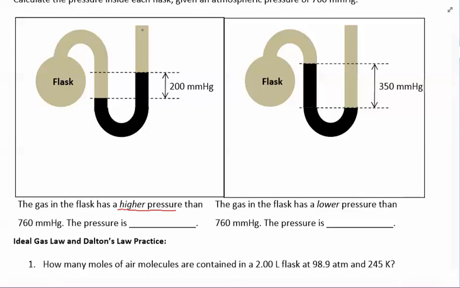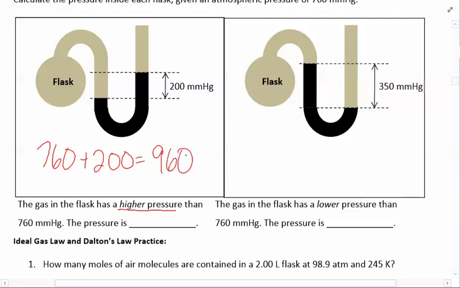So in this example, we have a greater pressure. Our atmospheric pressure for these examples is 760. We have a 200 millimeter of mercury difference. So we're going to take 760 and add the 200 millimeter difference to get a total pressure of our gas sample of 960 millimeters of mercury.